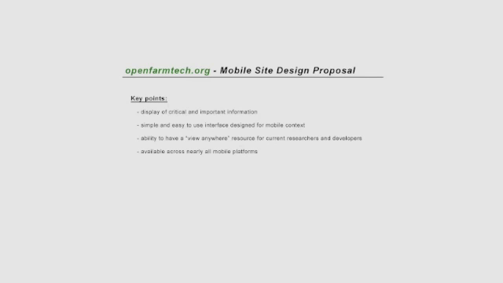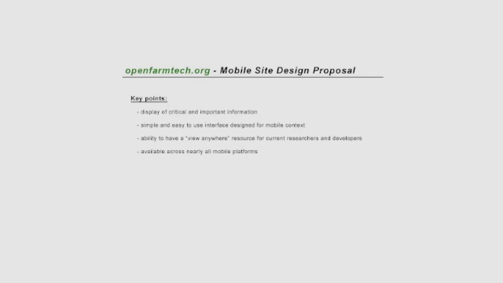First, I want to go over some of the key points that I came up with after analyzing the current site, the current Wikipedia site that is live on the internet. First of all, it's a little bit overwhelming, the amount of information that is available on the site.